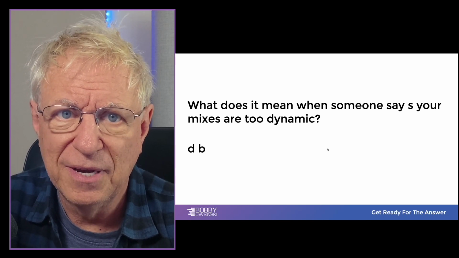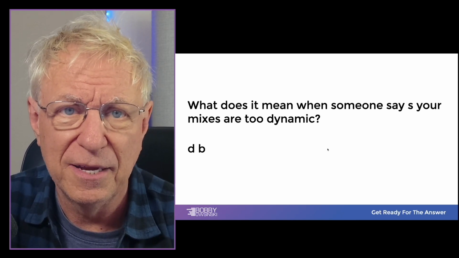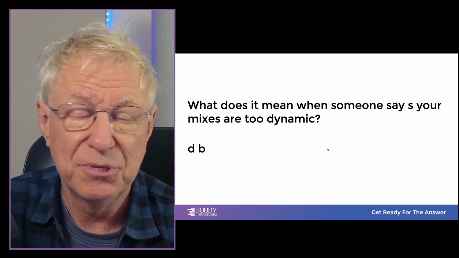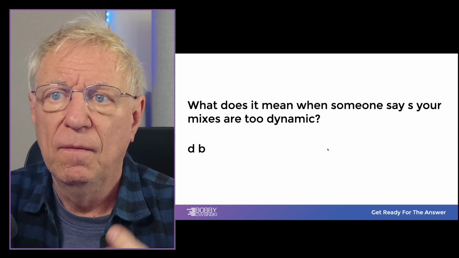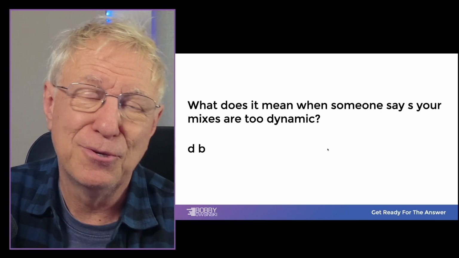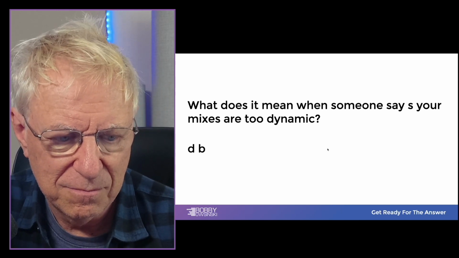When someone says it's too dynamic, it probably means that the dynamic range is too wide, so some of the quiet parts are too quiet. They're just losing them. So there's also the possibility of doing this too much, which happens more than it should.